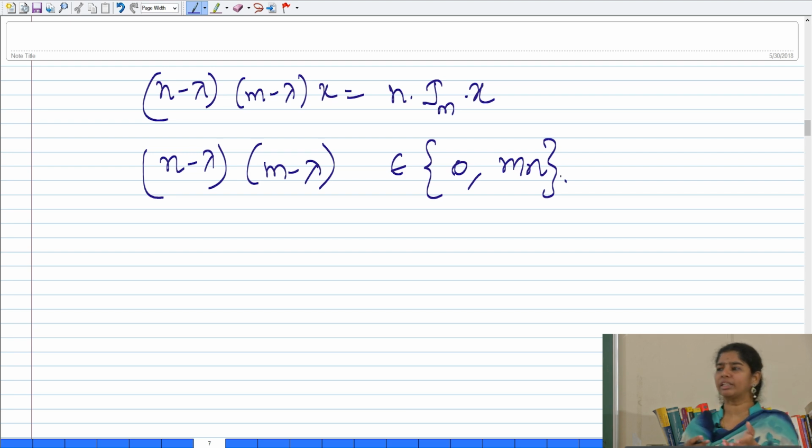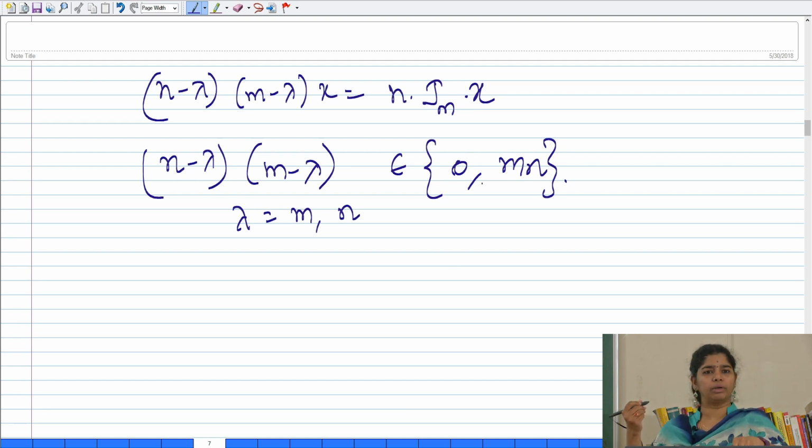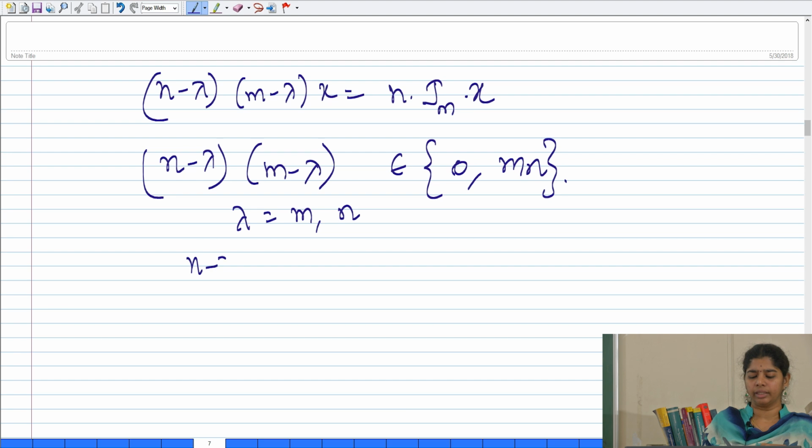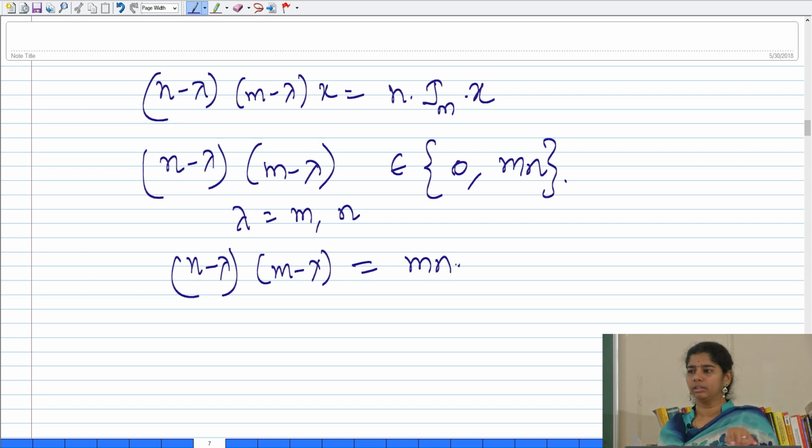So, if we solve for this equation, what do we get? We will have two equations to solve. So, if I equate it to 0, the first eigenvalue, if this product is equal to 0, then I can say lambda is n or m, right. Similarly, if we equate n minus lambda into m minus lambda to be equal to mn, what do we get? You have to just solve this quadratic equation, right.